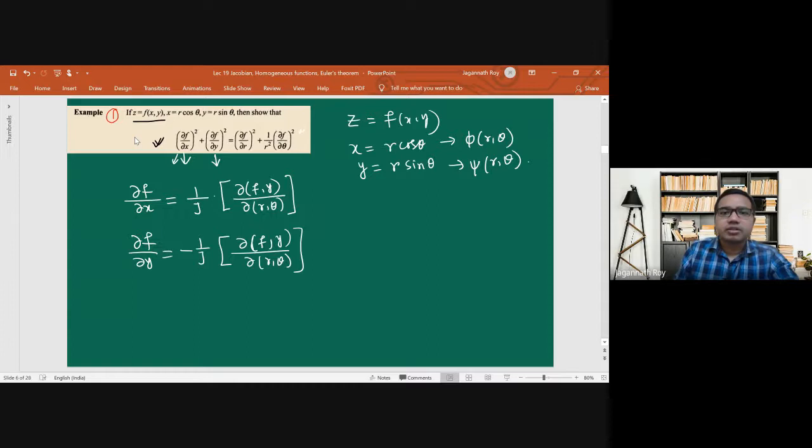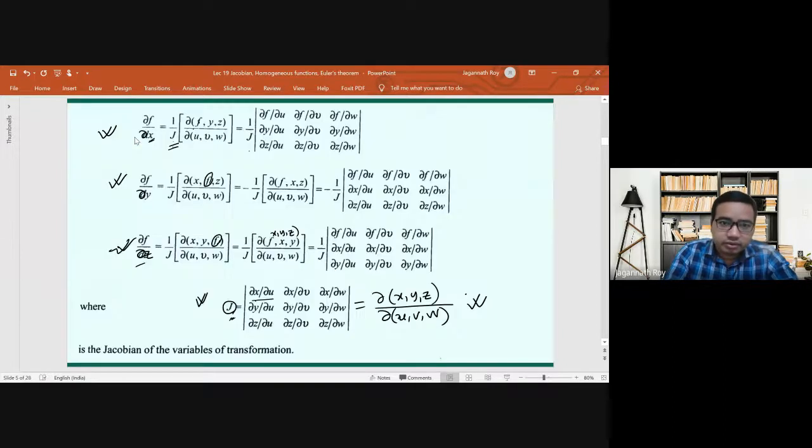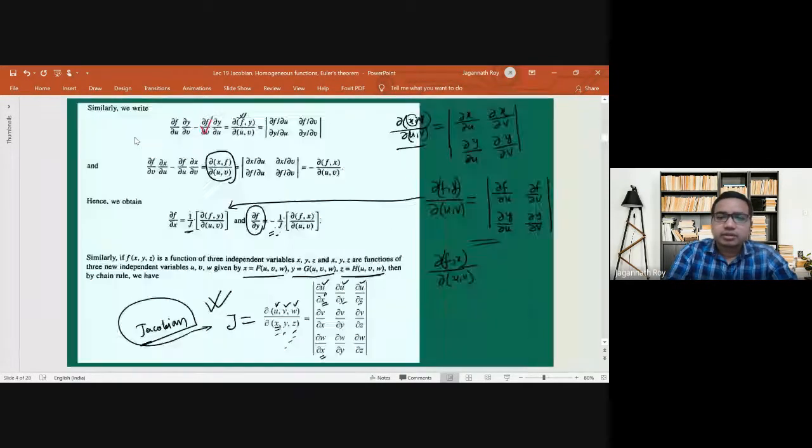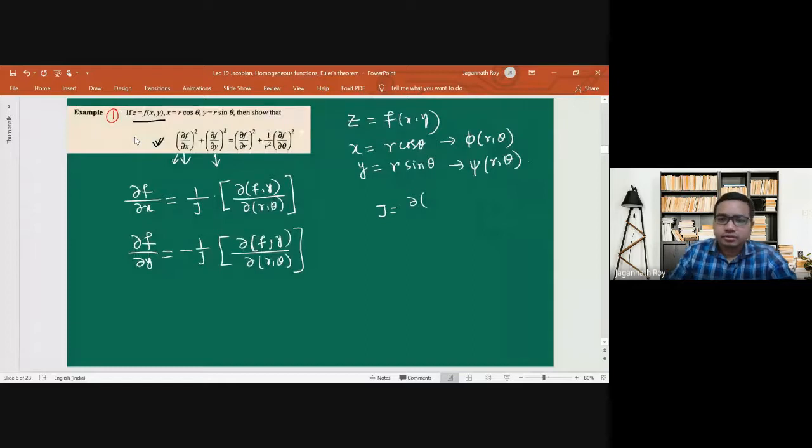So let us calculate. What will be J? Jacobian will be del of (x, y) over del of (r, theta).